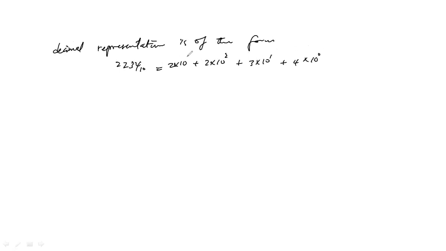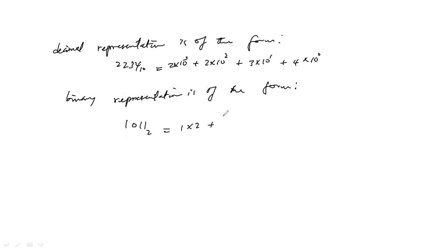And in binary, the binary representation of the form, say 1011 base 2, will be the same as 1 times 2 to the power of 3 plus 0 times 2 to the power of 2 plus 1 times 2 to the power of 1 plus 1 times 2 to the power of 0, right?